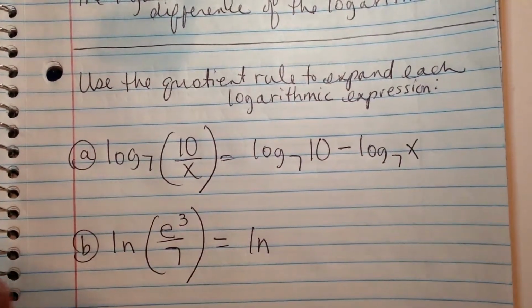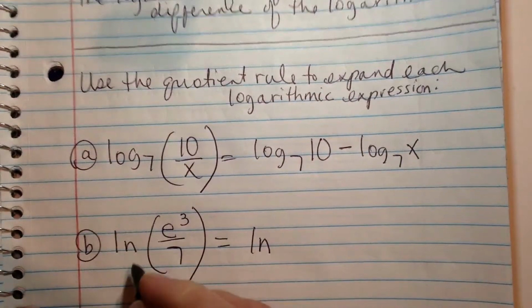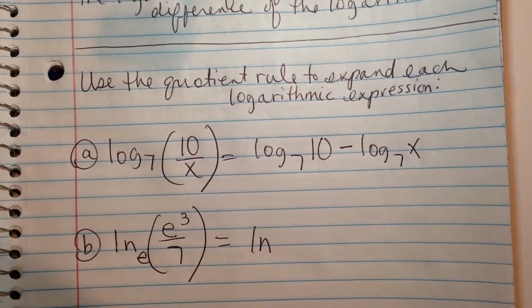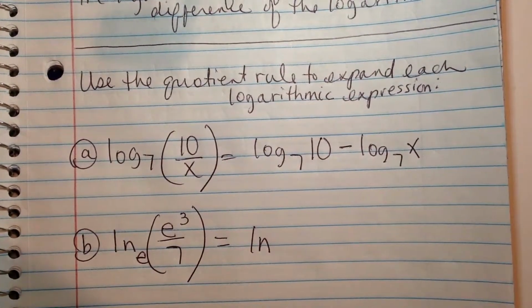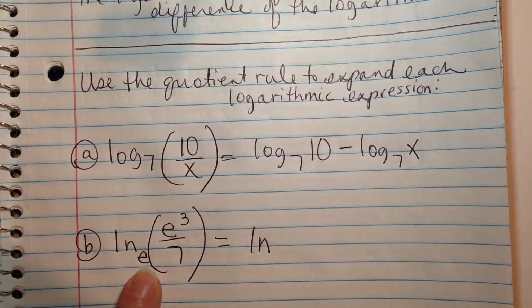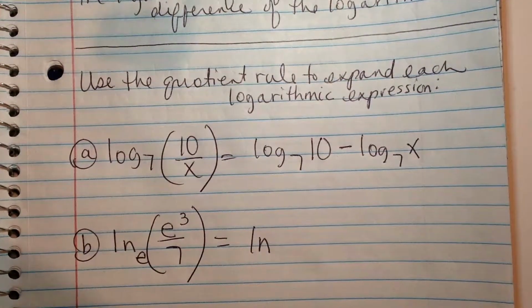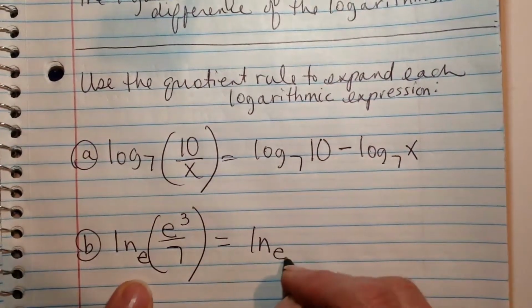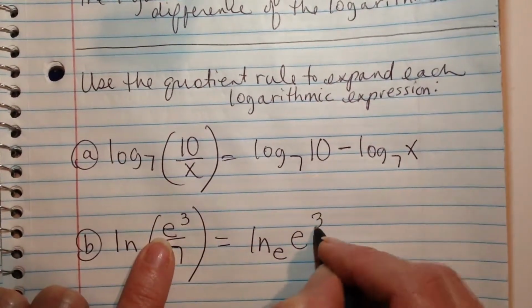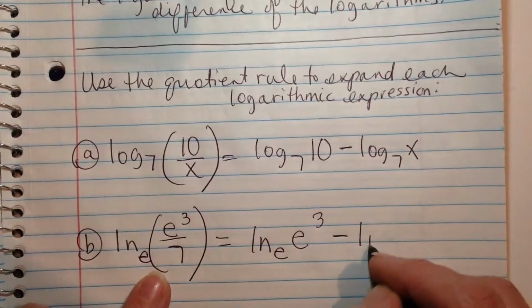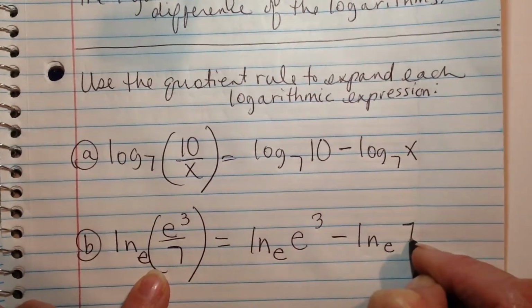We learned in one of the previous videos, ln has an understood base of e. Log has an understood base of 10. So if you don't see a base for log, it's 10. If you don't see a base for ln, it's e. So I have ln base e of the numerator, e to the third, minus ln base e of 7.